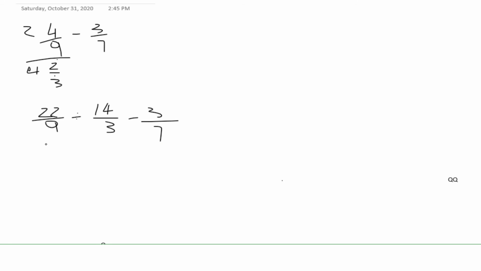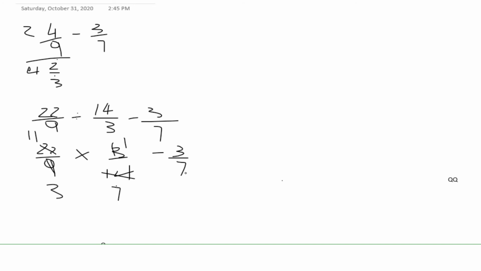Yeah. So we have 22 over 9 times, I'm gonna flip it, 3 over 14, minus 3 over 7. And right here we see that we can simplify with 3 into itself 1, and 3 into 9 goes 3, and we can put 2 into 22 goes 11, and 2 into 14 goes 7.